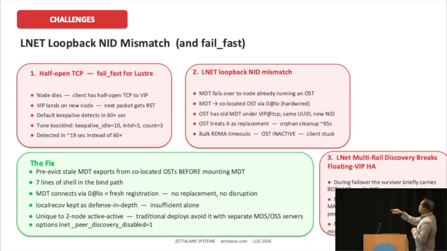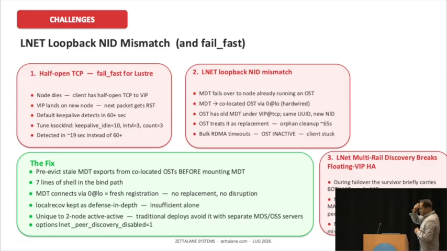So that's one issue, and the second one is the LNet loopback. Because of this architecture, you try to combine the MDT, one of the OSTs, and the MGS, everything in one node. At one point during bring up, they would remember the loopback instead of the VIP. So we have to forcefully detach and make it operational.